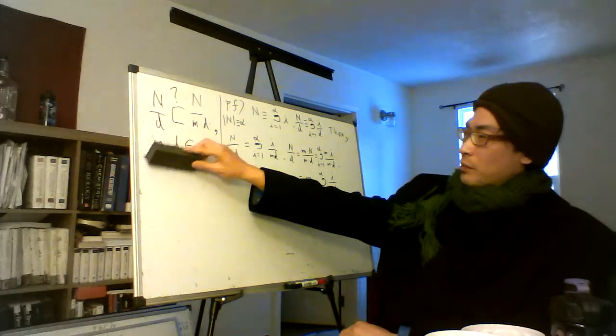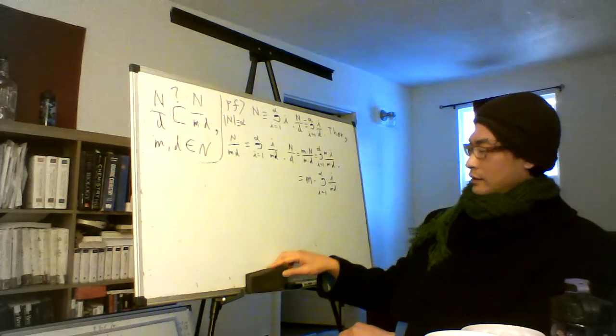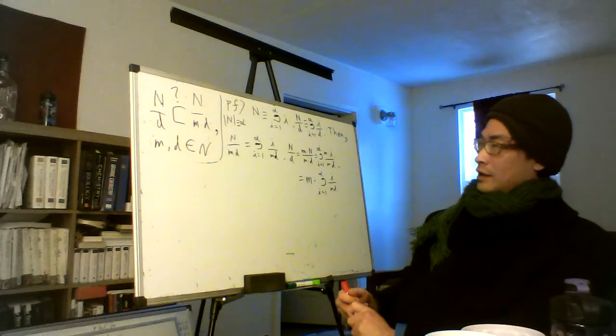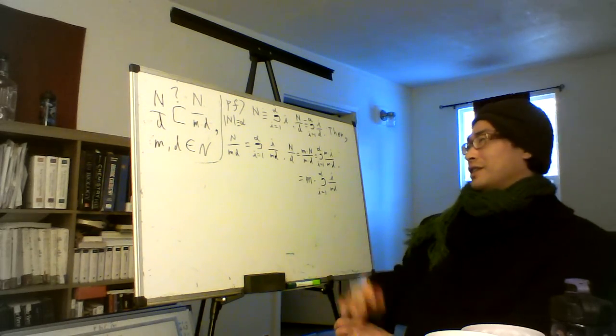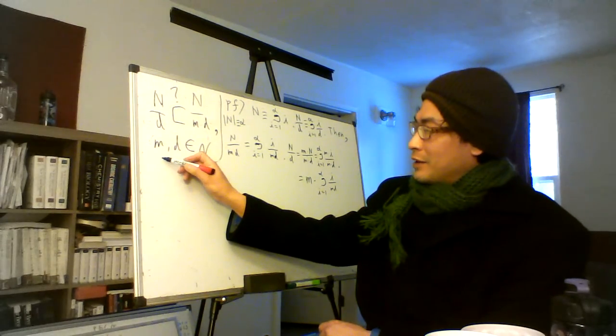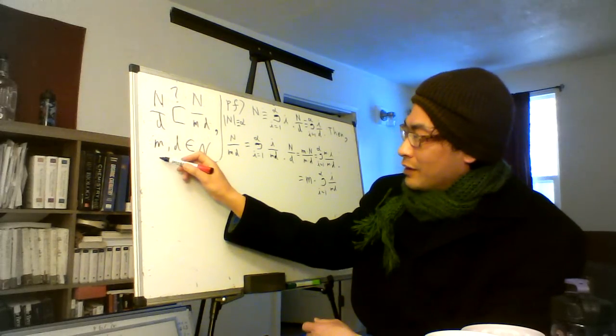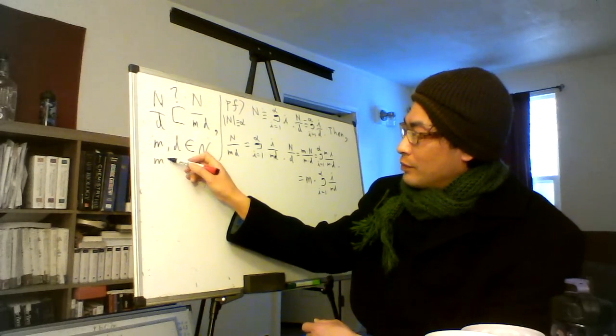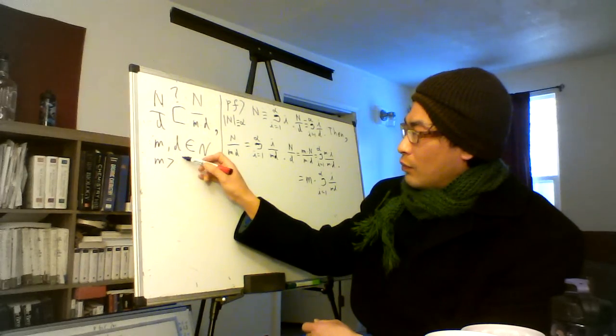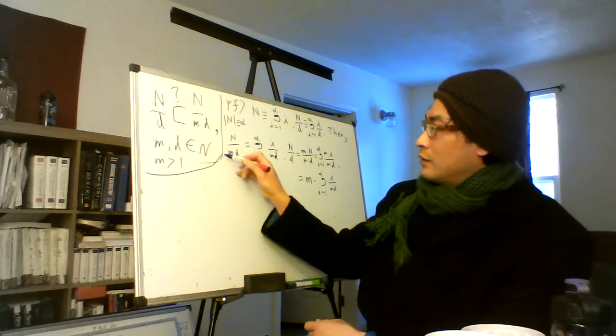So multiplication factor: if the multiplier is just one, it's pointless, right? We further assume m is more than one.